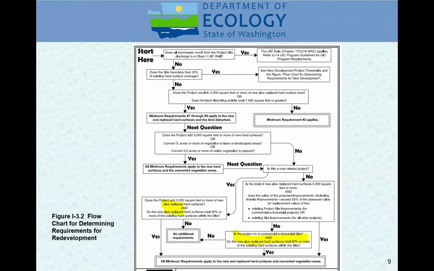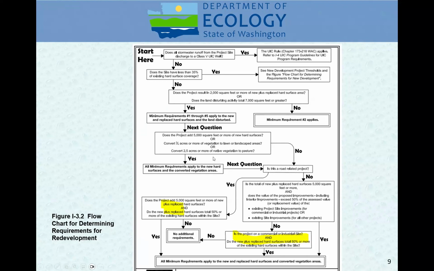Now we're going through the questions, and the questions we're going through till we get down to this next question are the same questions we ask in the new development flow chart. There's no change. If you follow this through with the no's and yeses, you're going to get to the same point.